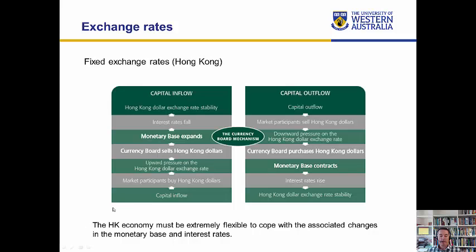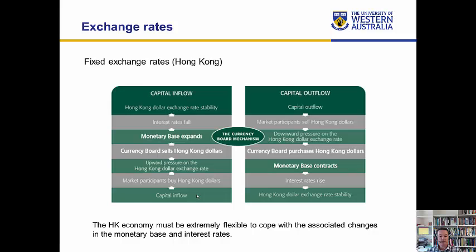Now, as that money is flowing in because of the very good macroeconomic performance in Hong Kong, to keep the exchange rate fixed, Hong Kong needs to actually decrease interest rates effectively by increasing the domestic monetary base. So Hong Kong now needs to lower domestic interest rates at a time when a boom is underway, which is exactly the time that you would be thinking interest rates should be rising, not falling.